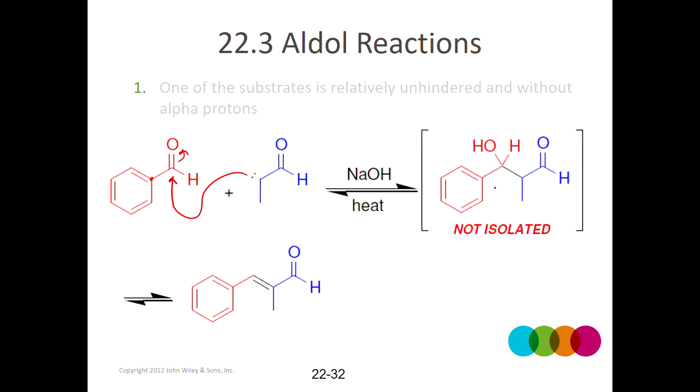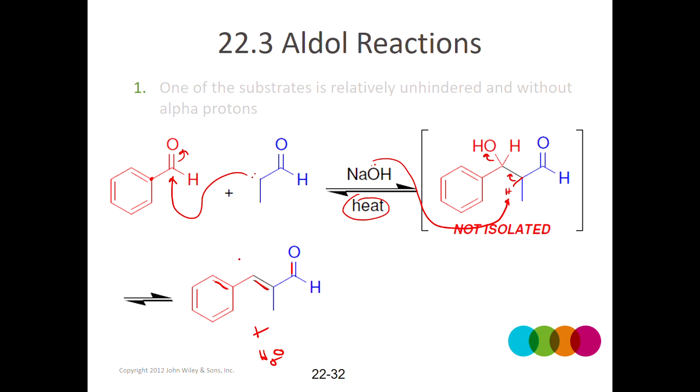In this case, though, I would expect the elimination, even without the heat. So the heat's kind of a giveaway there that the elimination is going to occur, but even without it, I would still expect this proton here to be picked off, pushing electrons in and pushing out that leaving group, because that forms a pi bond that's conjugated with the pi bonds of the ring as well as the CO double bond, and also producing the water in the process of that leaving really is an advantage from an entropy standpoint.